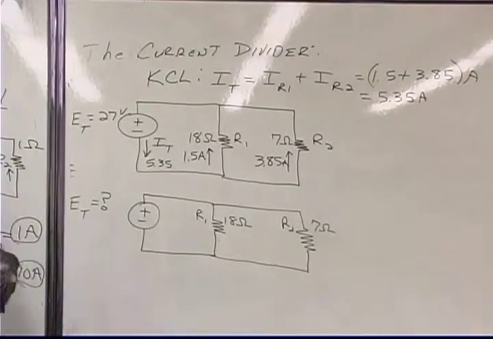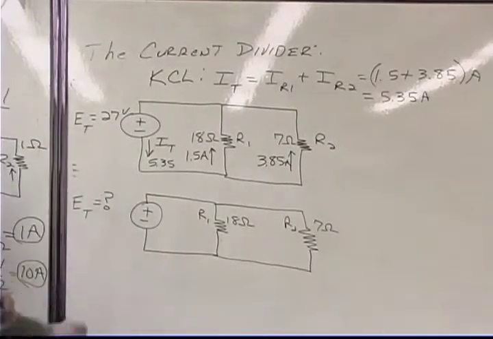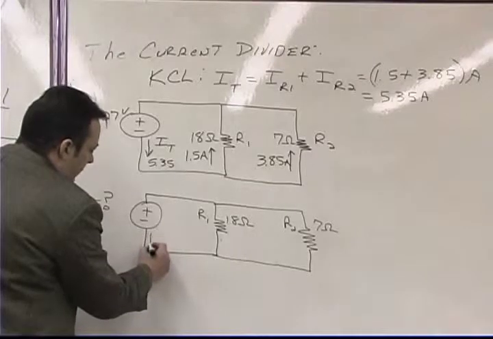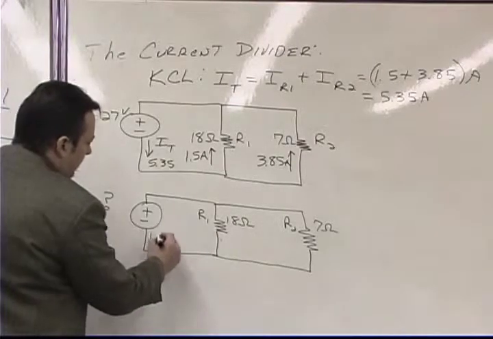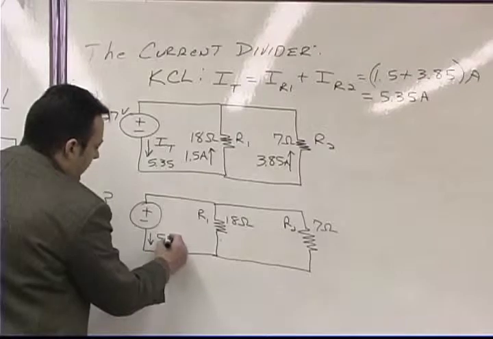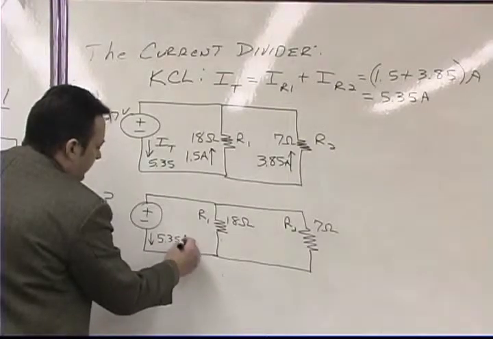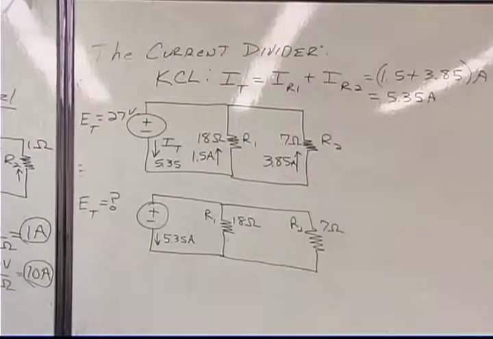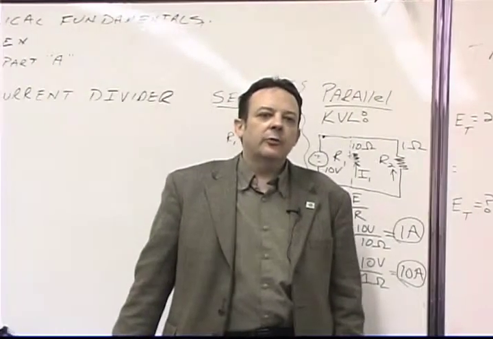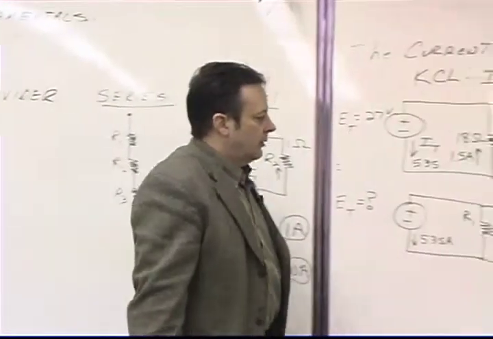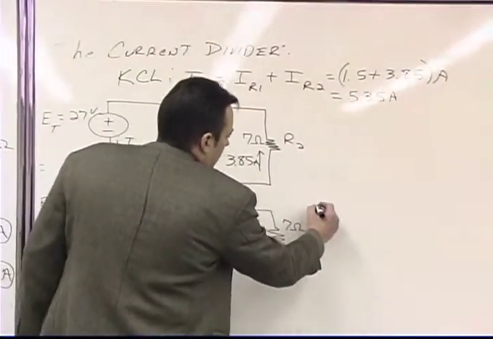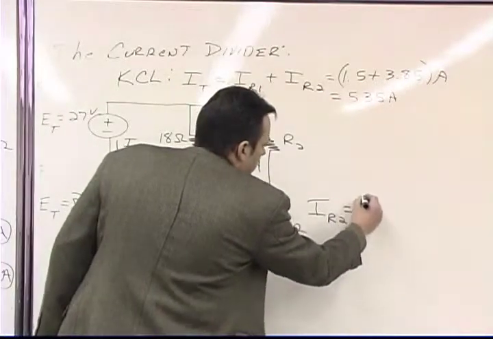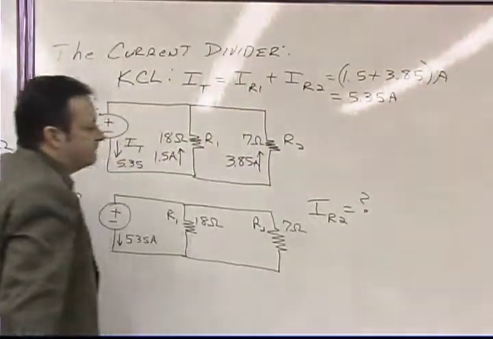And then the other piece of information that they'll give you is the current that's flowing out of the battery. So the current that's flowing out of the battery into the rest of the circuit is 5.35 amps. That's what they'll give you. And then what they'll ask you for is, what is the current flowing in resistor 2? That's all they want to know.